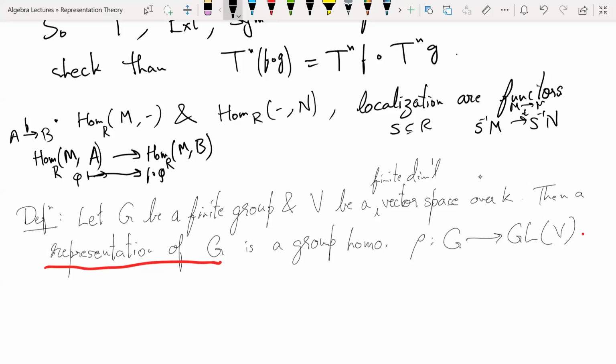Our representation is actually such a map, but by abuse of notation, people say that in this case V is said to be a representation of G.